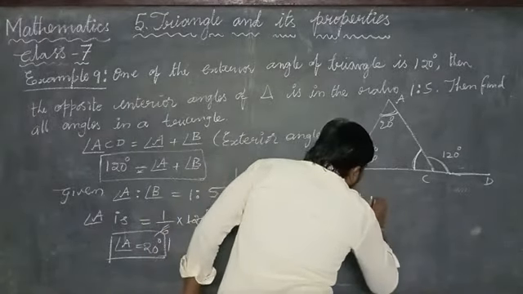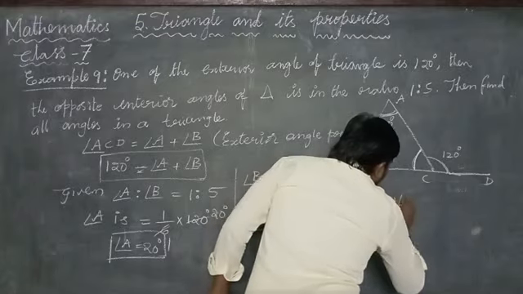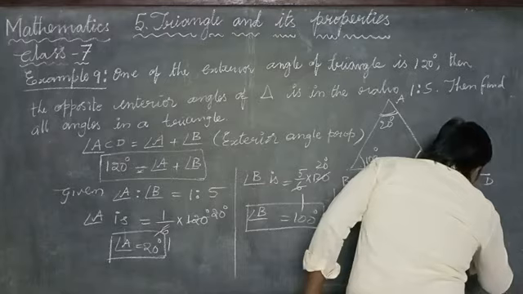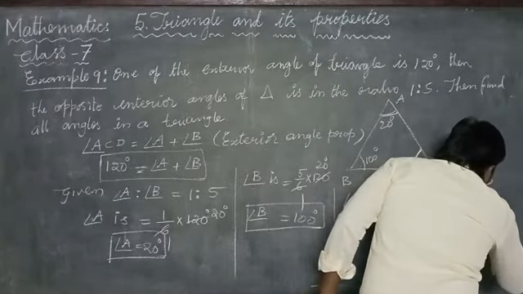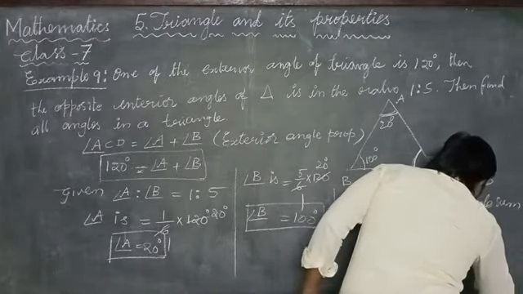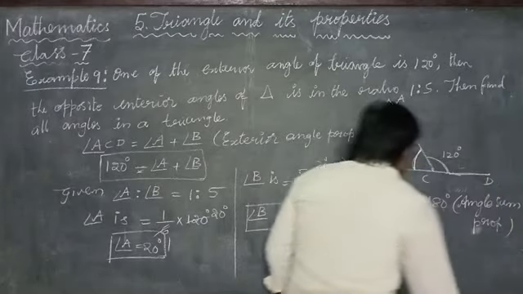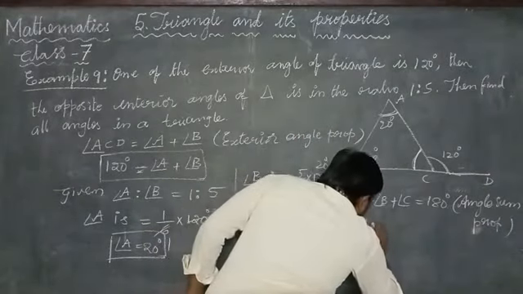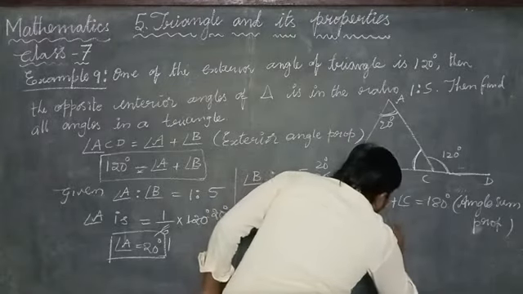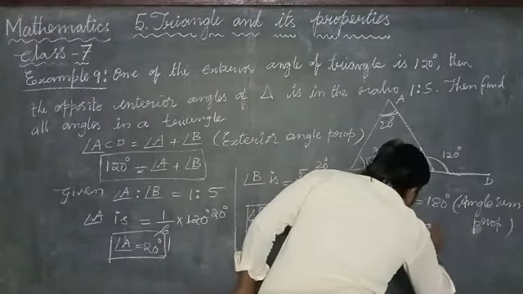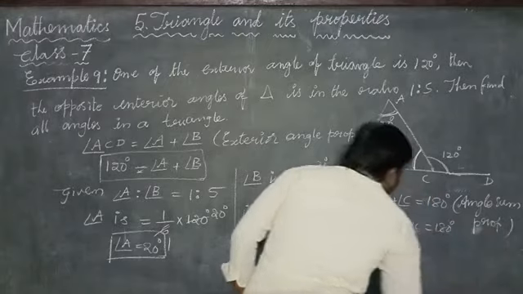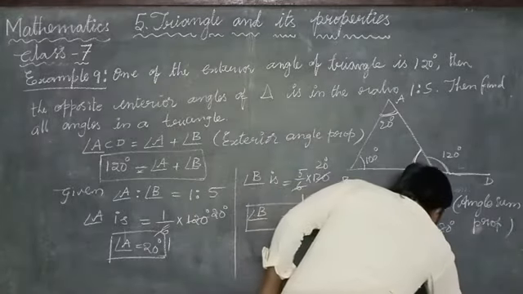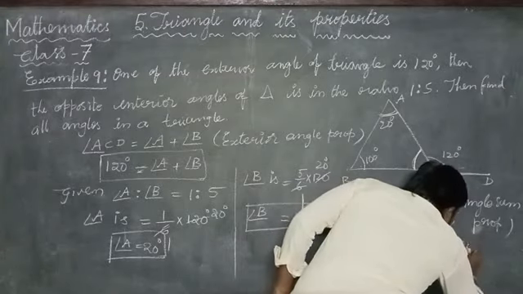Then angle A plus angle B plus angle C equals 180 degrees from angle sum property of triangle. From angle sum property of triangle, we can find very easily. Here angle A equals 20 degrees, angle B equals 100 degrees, and angle C equals 180 minus 120 degrees.